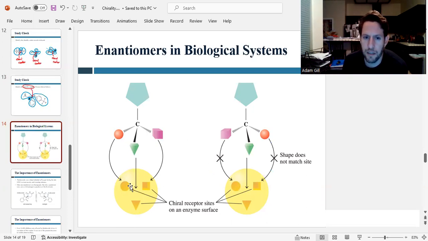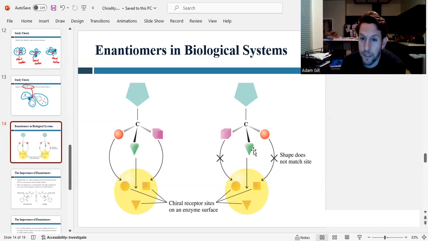And so let's say this is the receptor in your body, and this is the molecule that you're trying to use. Well, if we have 2 enantiomers here, all the same parts, but connected in opposite ways, like your left hand and your right hand, one version of the molecule will fit the receptor. In this silly cartoon example, we've got a circle, a triangle, and a square. And the circle fits in the circle hole, the triangle fits in the triangular hole, and the square fits in the square hole.